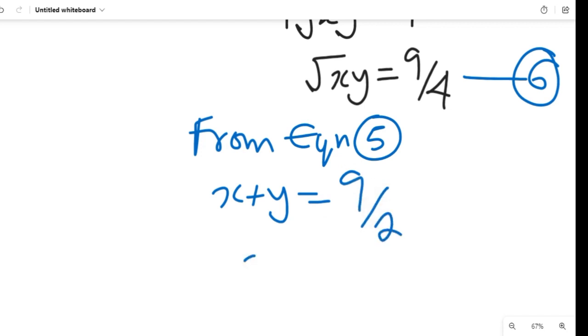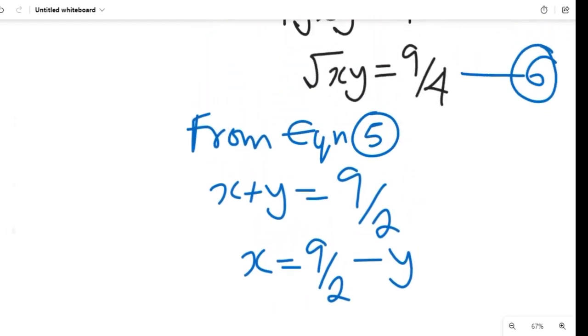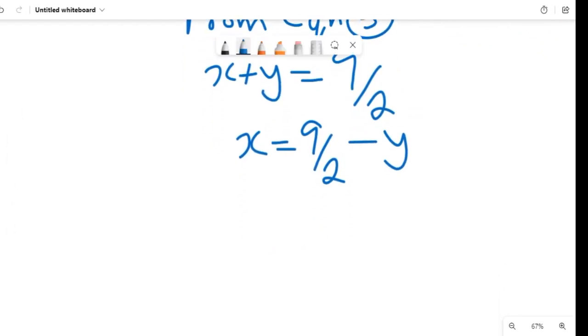So if we make x the subject of formula, we'll have x equal to 9 divided by 2 minus y. So we'll have that as an equation. Then the next thing we need to do is to substitute that value of x equal to 9 divided by 2 minus y into equation 6.